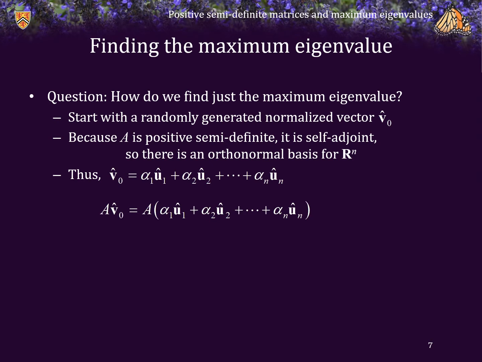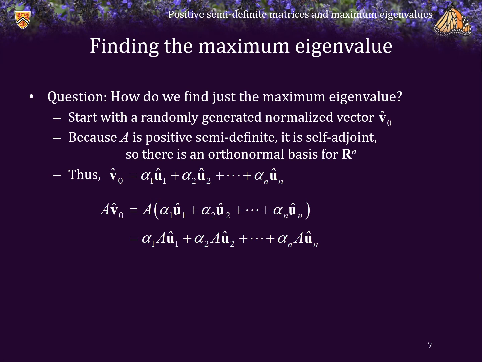All right, now if we multiply this v0 cap by the matrix A, well, because v0 cap is a linear combination of the basis eigenvectors, then A applied to v0 cap is just A applied to this linear combination.